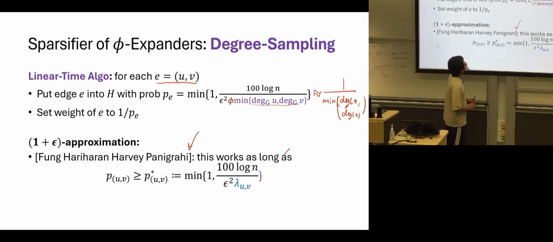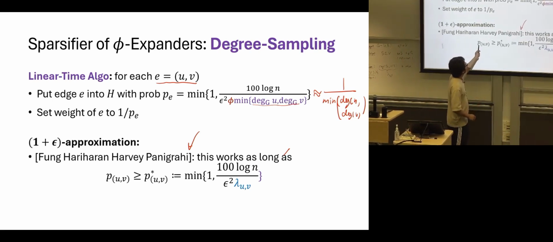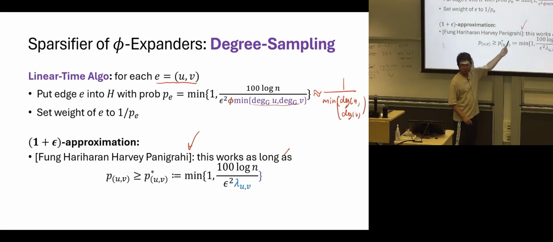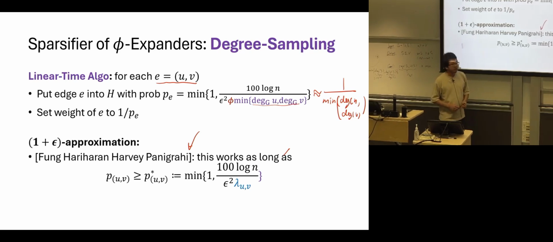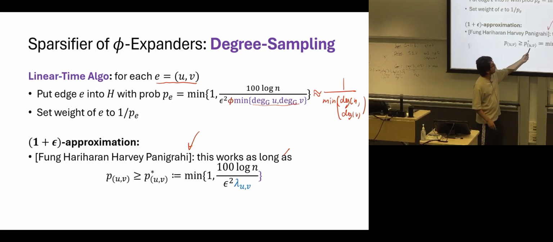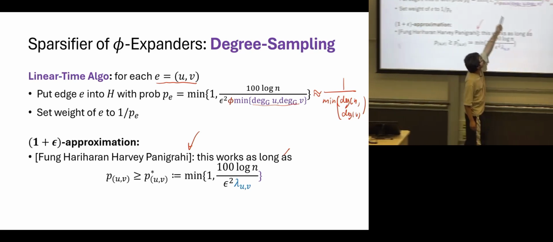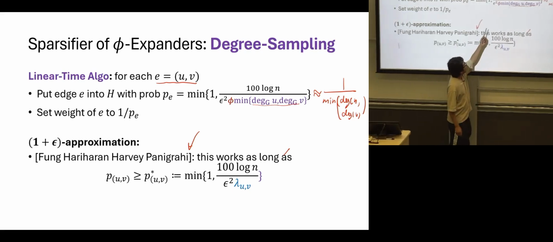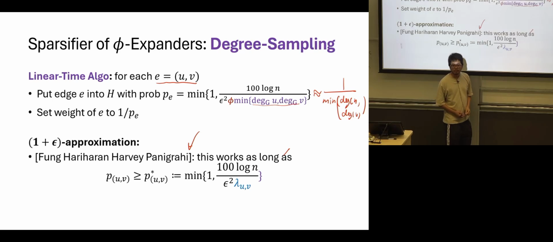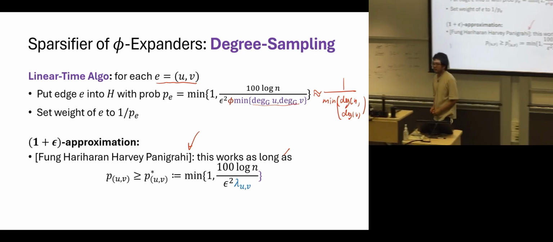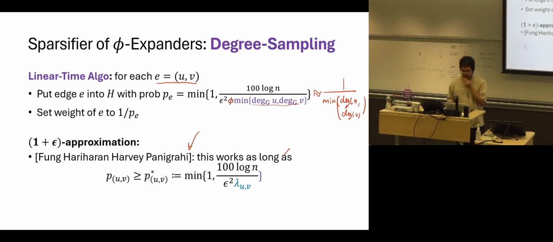As long as you sample each edge with probability that exceeds this threshold, then people show that this will give you 1 plus epsilon approximation. What is this threshold? It's basically the same thing here, but the mean degree there is just the value of the mean cut between U and V.